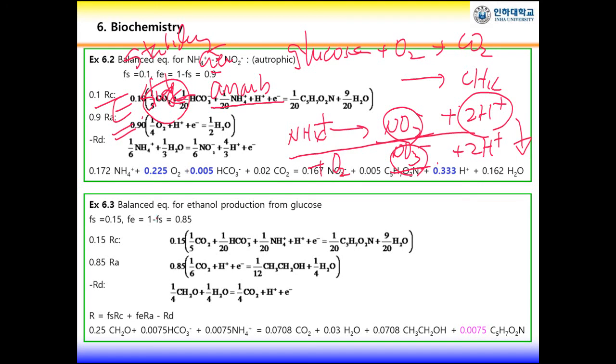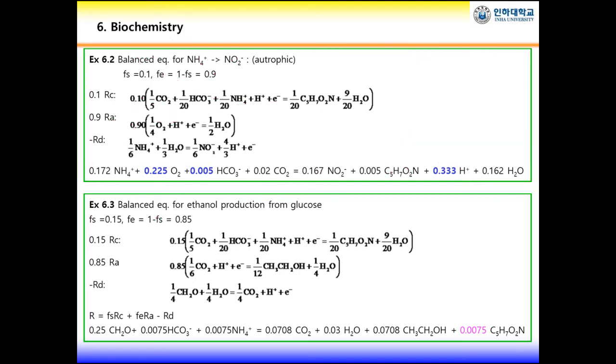So I think you can do a lot of exercises with this kind of thing. So we need the heterotrophic reactions, and we need autotrophic reactions. Heterotrophic reactions means organic, and you may have an electron acceptor or not.